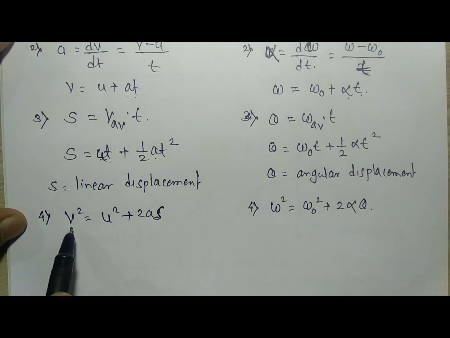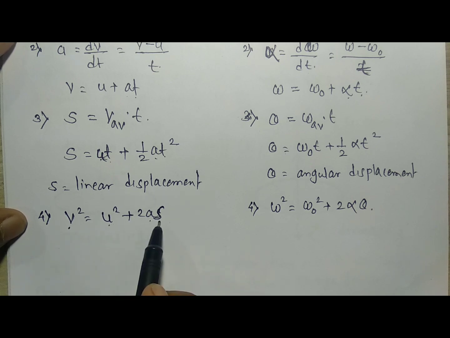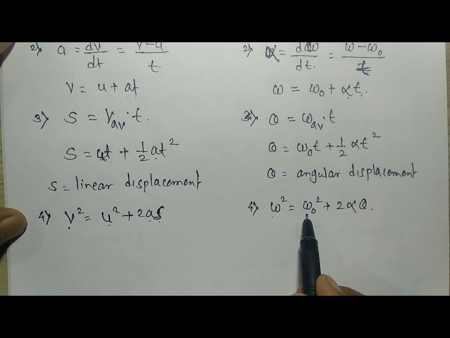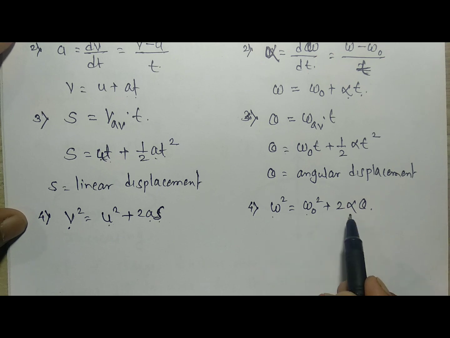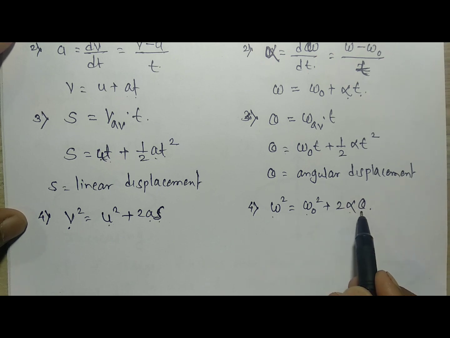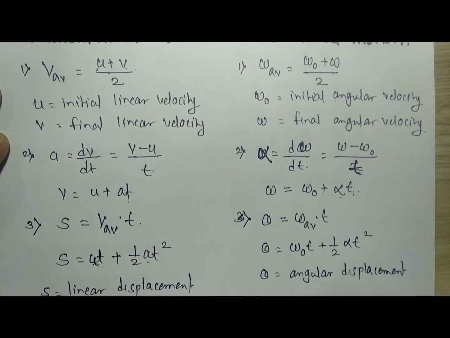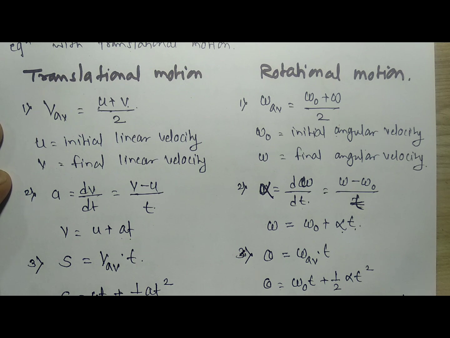Here v is the final linear velocity, u is the initial linear velocity, a is the linear acceleration, s is the linear displacement, omega is the final angular velocity, omega 0 is the initial angular velocity, alpha is the angular acceleration, and theta is the angular displacement. These are the four equations related to translational and rotational motion, which are analogous with each other in kinematical conditions.